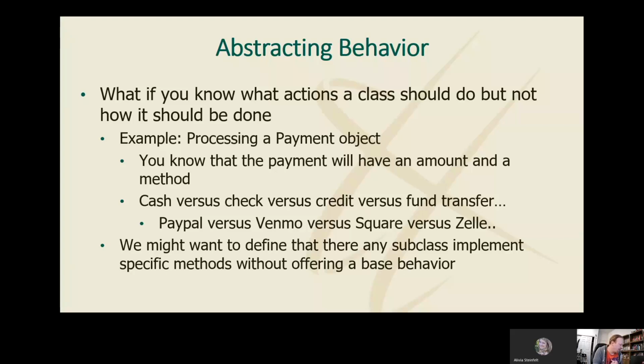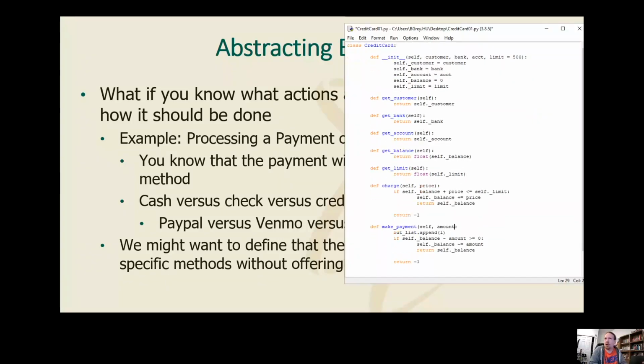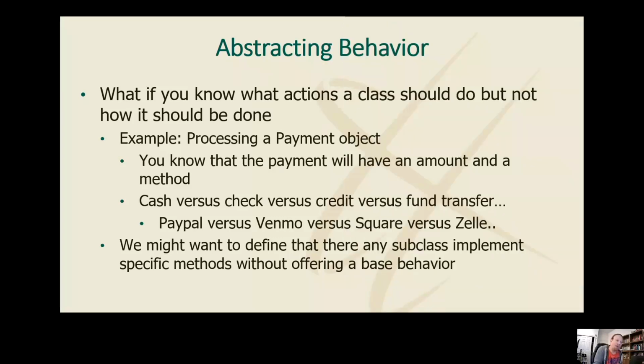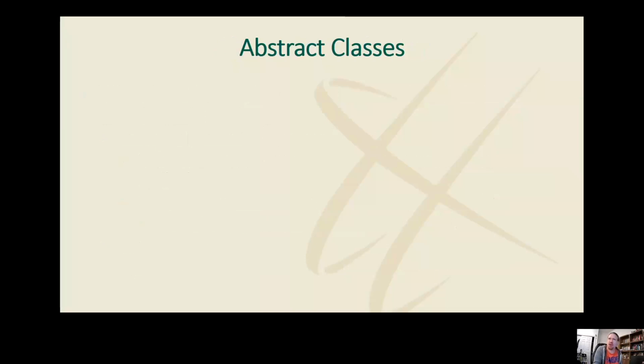Rather than going, well, I don't know what charge looks like, we're going to say, hey, explicitly, we don't know what charge looks like. So we're just going to roll with that for now, right? Down here, we've got charge for credit card, but for our base payment, we may not know. So let's just roll with that and let's see how this works.